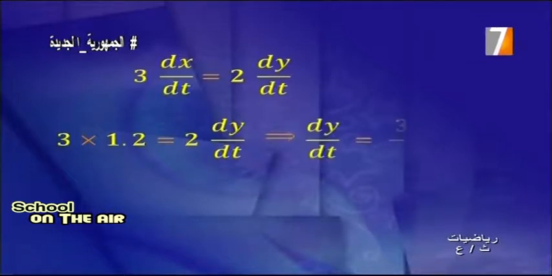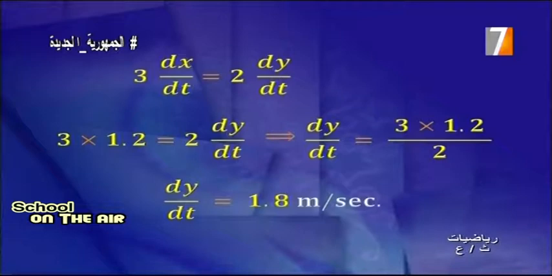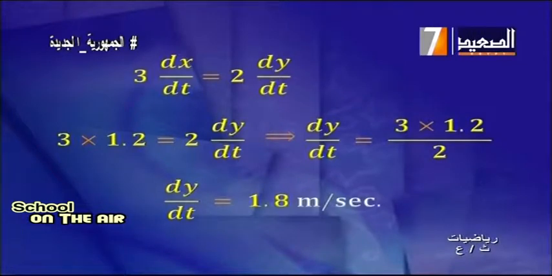Then dy dt equals 3 multiply 1.2 over 2, which equals 1.8 meter per second. Then the rate of change of the length of the man's shadow equals 1.8 meter per second.